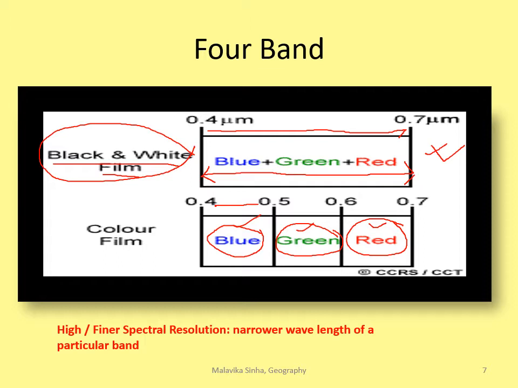Very simply, EMR reflected by the earth object is recorded by the various bands of the sensor. The reflectance of an object is not uniformly recorded in the various bands. There is a variation in wavelength, and that is called the spectral signature. From the different spectral signatures, we can identify objects on the Earth's surface very easily.